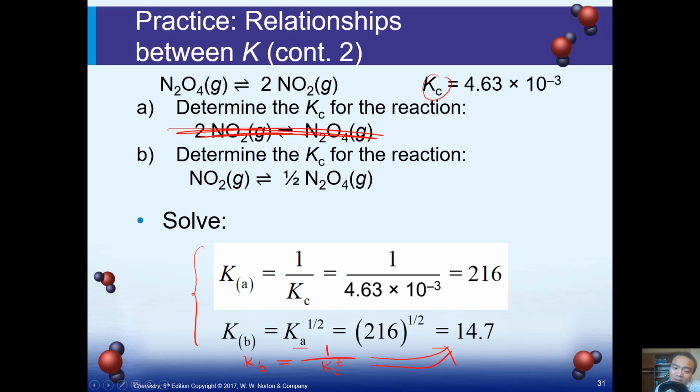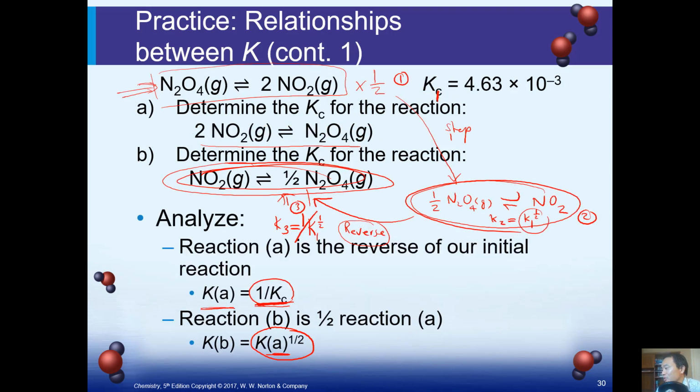So you can look at the stepwise, but if I cross out the intermediate step as you see in step A, you will be able to do that the same way, following the procedure I just listed out. Do two steps: in step 1 you multiply by a half, and in step 2 you do a reverse reaction. All right, so that's how you can manipulate the equilibrium constant from a known reaction to an unknown.